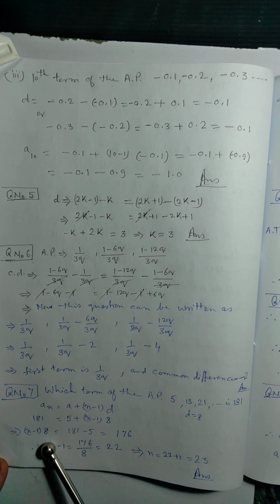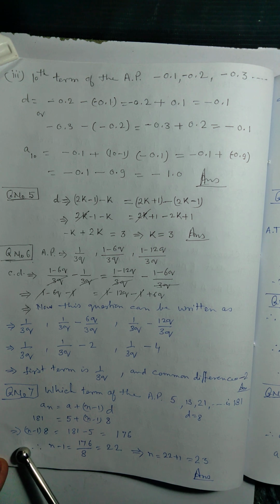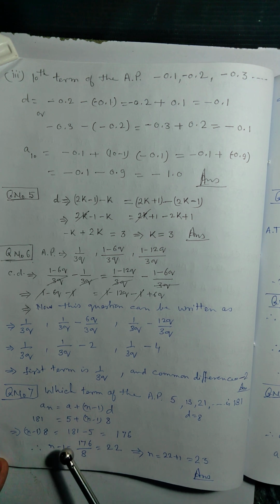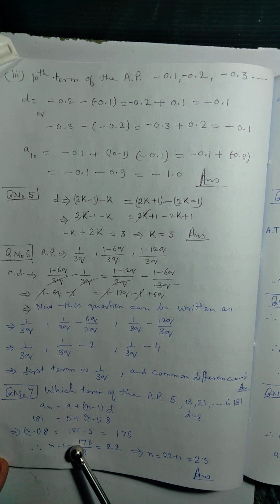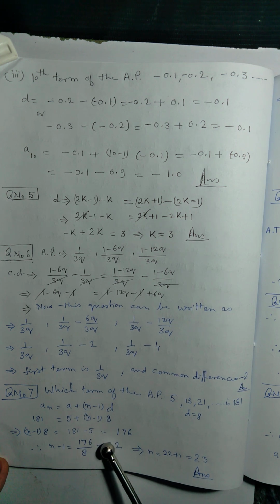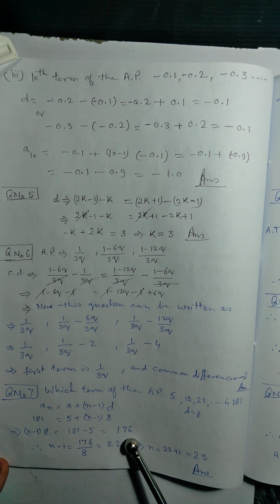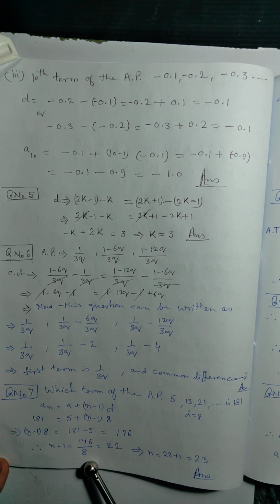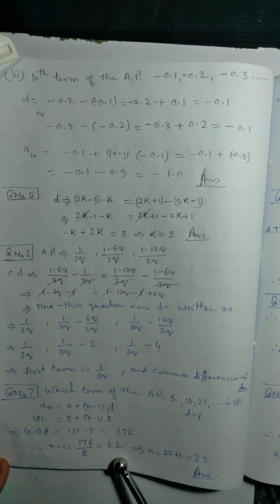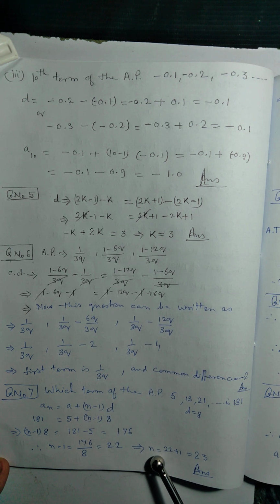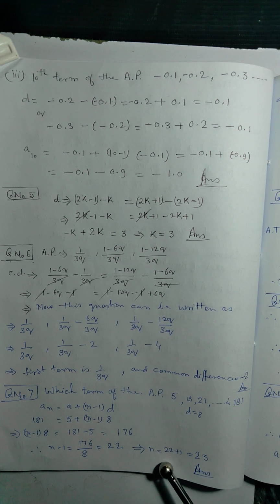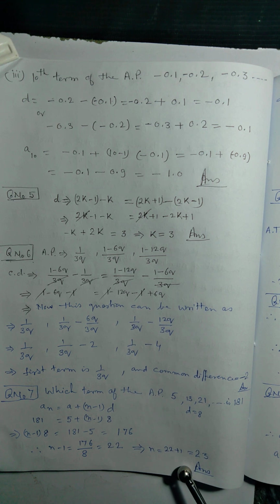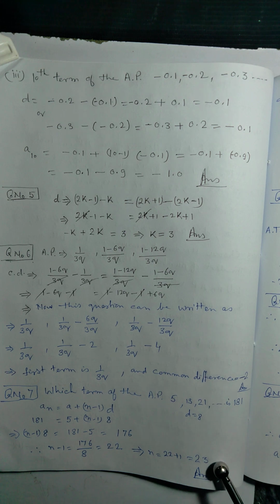So (n minus 1) into 8 equals 181 minus 5, which is 176. Now n minus 1 equals 176 divided by 8, which is 22. So n will be 22 plus 1, that is the 23rd term.